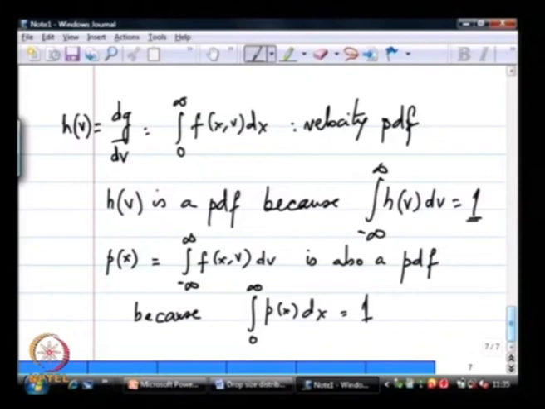This is a mathematical statement; what it physically means is that I do not care what the velocity is, tell me what the probability is of finding a drop in the size x to x plus dx, and that probability divided by dx gives me the probability density. That is what this p of x is.